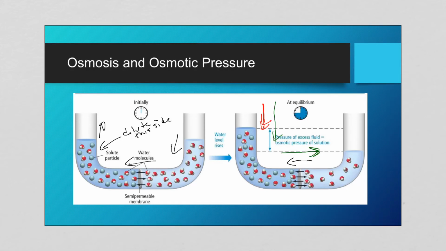So we cause the water to flow from the more concentrated solution to the more dilute solution. So what we end up with is essentially just solute over here and pure water over here. So it's a way to purify this water here. So we call that reverse osmosis filtration.